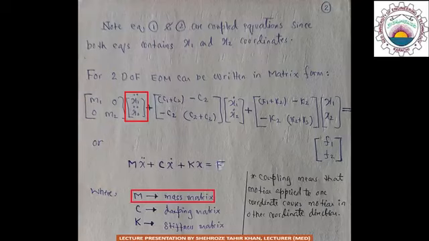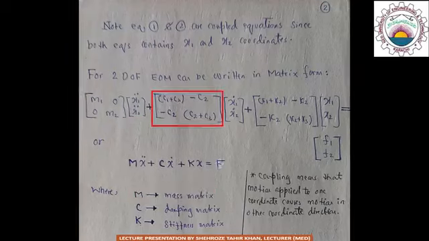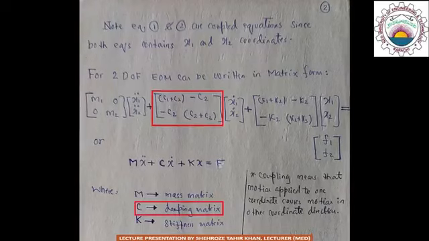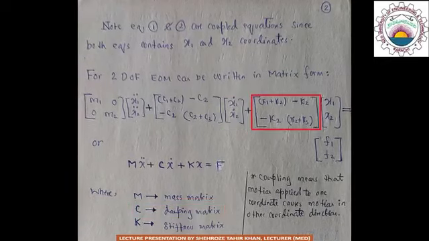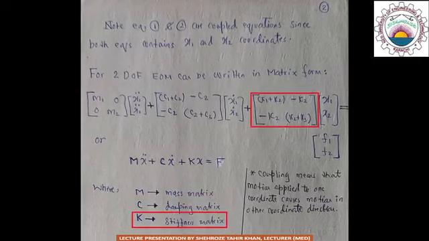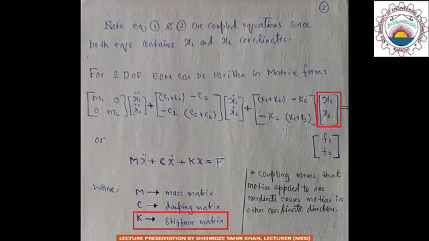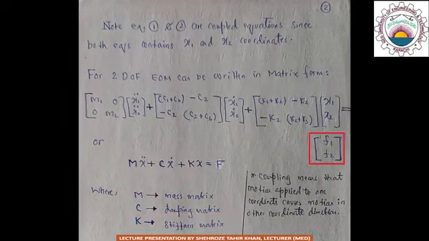The second matrix, which involves the damping elements, is called the damping matrix, and it is multiplied with the velocity matrix. The third matrix, which contains the stiffness elements, is called the stiffness matrix, and it is multiplied with the displacement matrix, and the sum of all these matrices is equal to the force matrix.